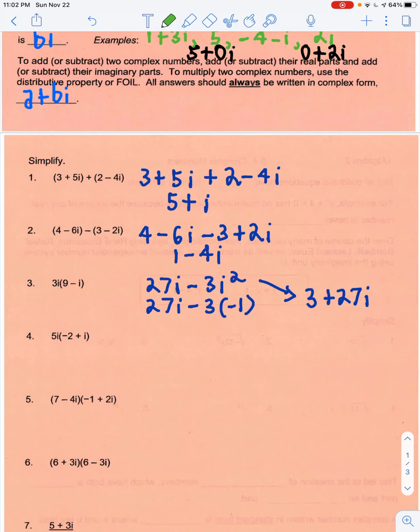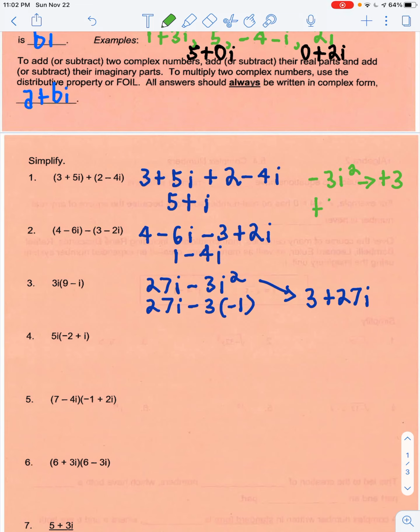Something you should understand here about numbers that have a power greater than i to the first. You can't leave any power of i greater than 1, so you need to use i squared to help you break it down. So if you ever have something like negative 3i squared, that's always going to become the opposite of the coefficient because you're multiplying by a negative 1.